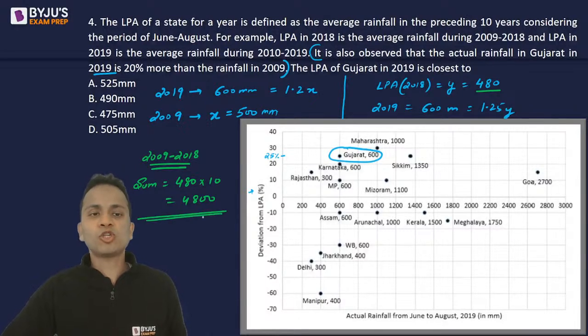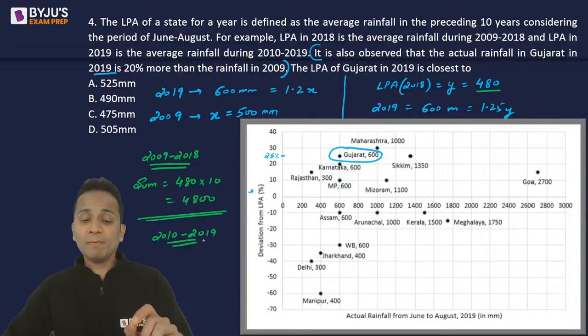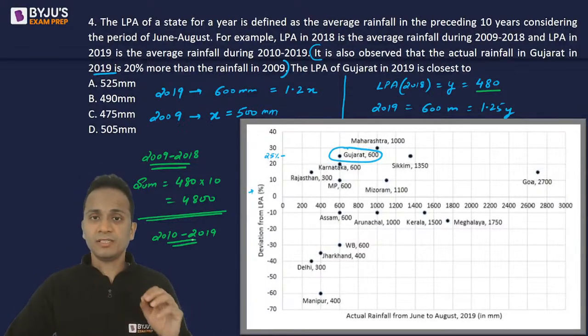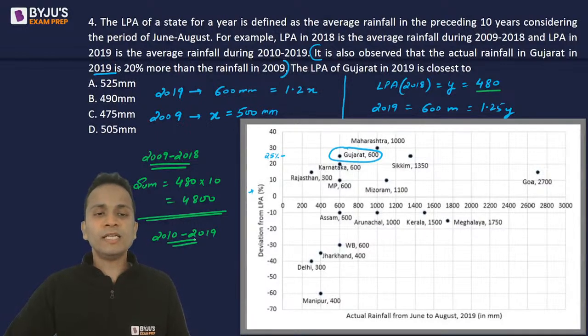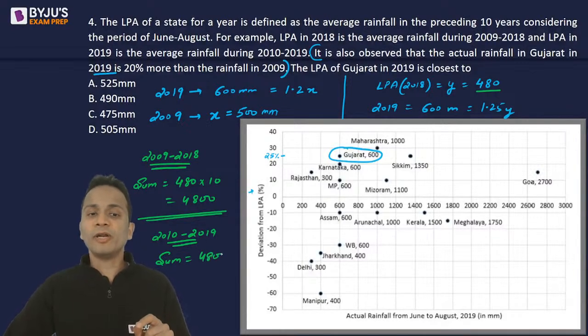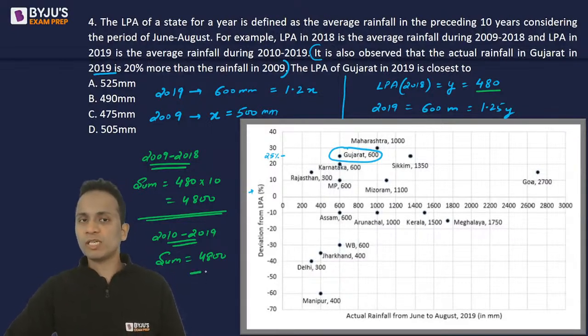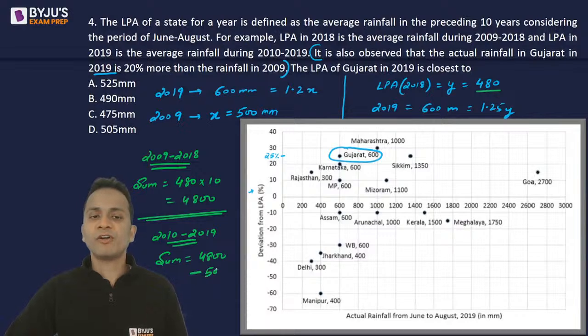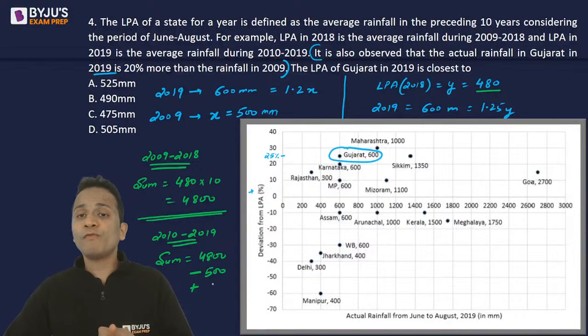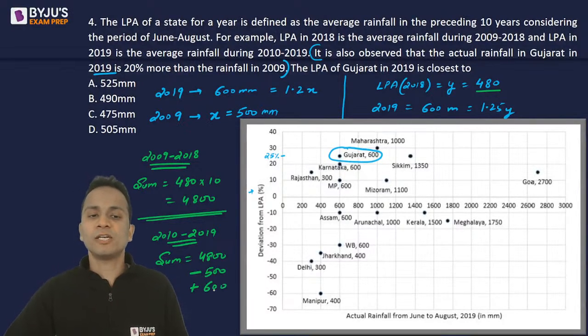Okay. Now let's talk about the period 2010 up till 2019, because we'll have to find out the LPA of this period. So for 2010 up till 2019, first of all, I'll calculate the sum. This value will be equal to 4800, the sum of the previous period, minus the value of 2009, which is 500, plus the value of 2019, which is 600.